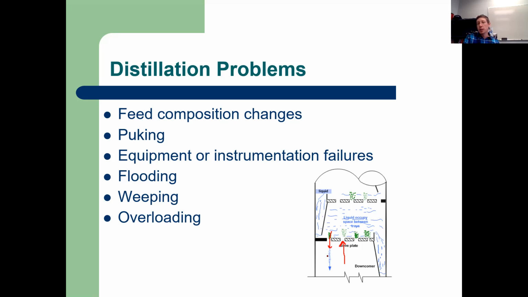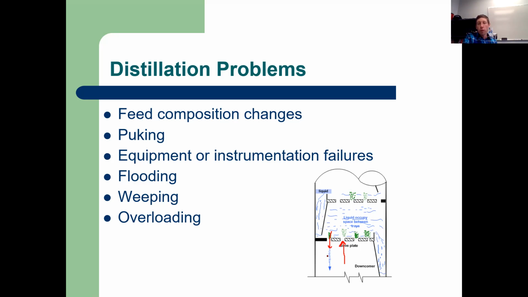Whether it's a sieve tray or a valve tray or a bubble cap tray, or even packing material, we need a certain amount of vapor pressure just holding that liquid up, allowing that liquid to flow down gently and easily. If we don't have enough vapor pressure holding that up, then the liquid just goes down too quickly. Okay, and that's weeping. We don't have enough vapor pressure.